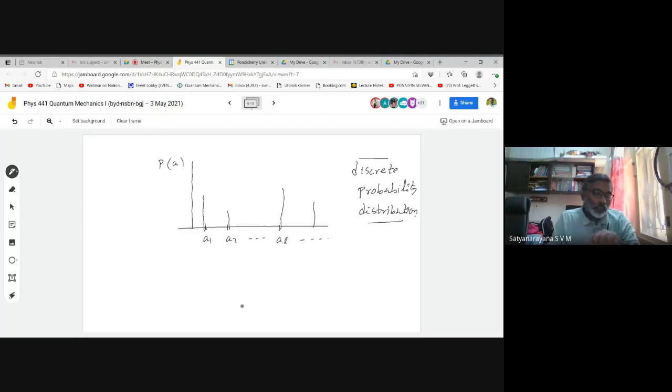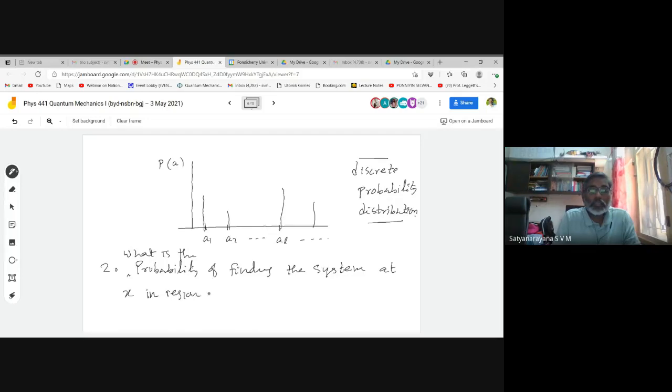Now you can ask the second question: what is the probability of finding the system at x, in region dx?